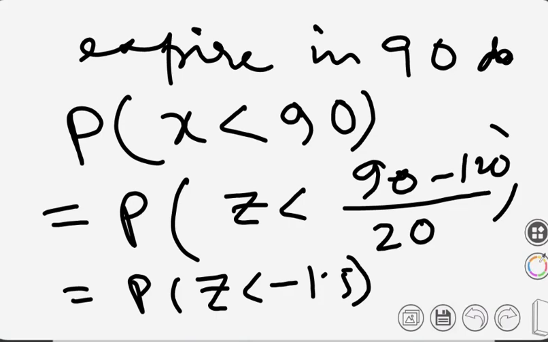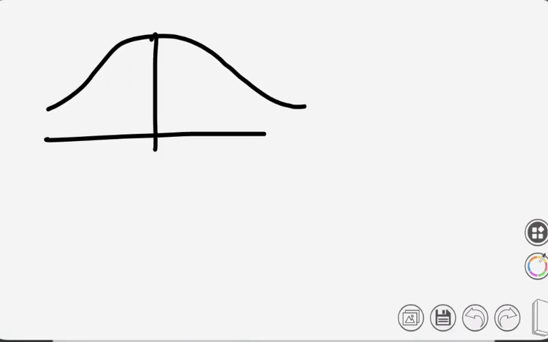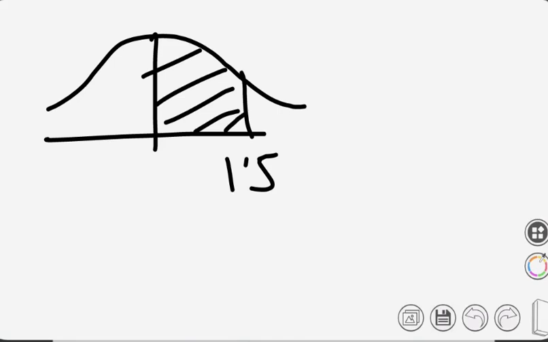So that means you have to find this probability. Look at the table and tell me what is the probability quickly. How can we use the table? Because your table is given this way, the value for 1.5 is given. How much is given in the table for the value of 1.5?